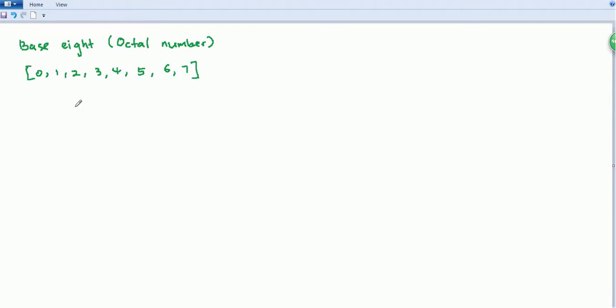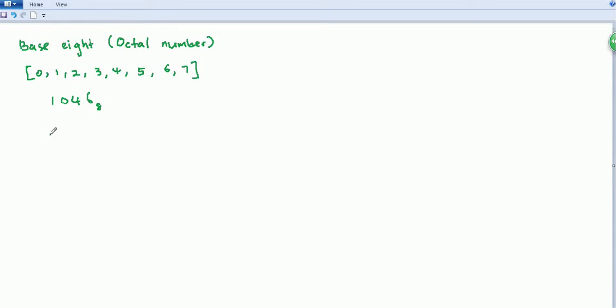Okay, let's proceed to base 8. Same thing, if the number is in base 8, then we only have 0 until 7. There's no 8. If we have a number 1046 base 8, I have to write a small 8 here.